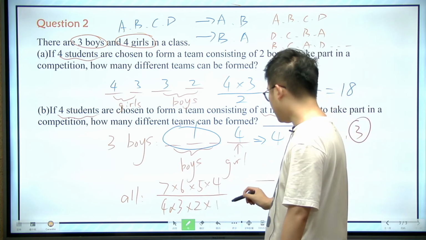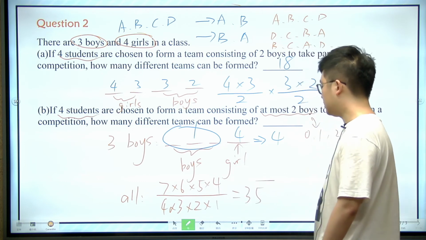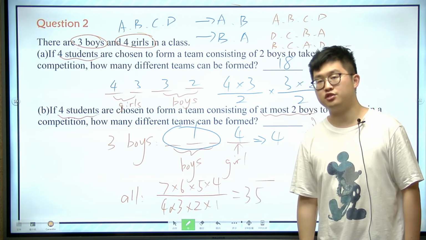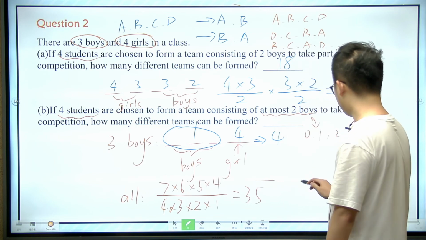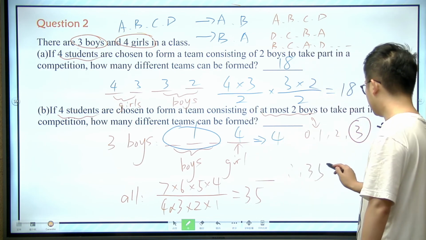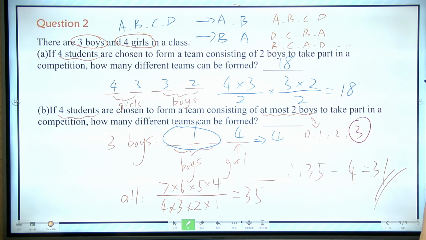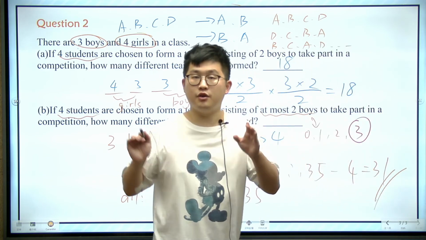Now, this is a little bit difficult, but still, the answer would be 35. So the real answer to this question should be 35 minus 4, which is 31. This is our final answer.